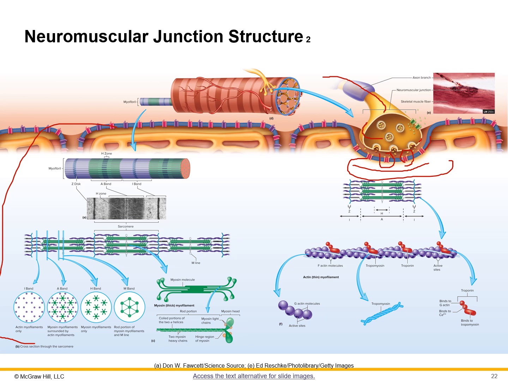So again, part of our actin, we have the F actin molecules that are here. We have the tropomyosin, we have the troponin, and then those active sites here that are going to allow it to attach to the myosin. Looking at this, the tropomyosin forms this kind of double helix, two strands that wrap around each other to form that twisty tube.